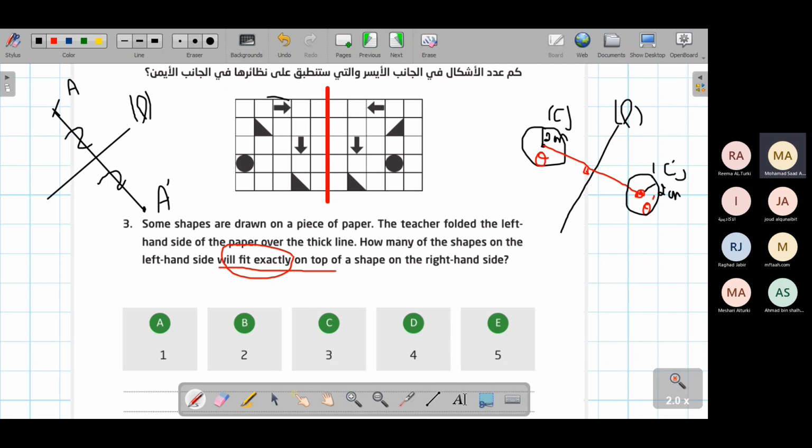For example, here, the distance between this one and the red line is what, Yahya? 2 blocks, excellent. And on the other side, 2 blocks.